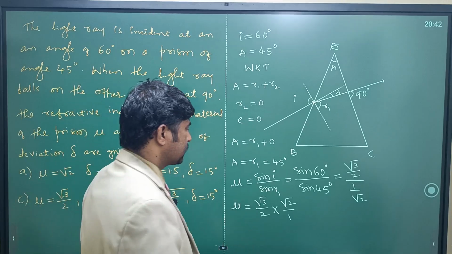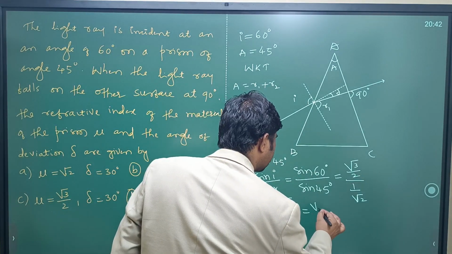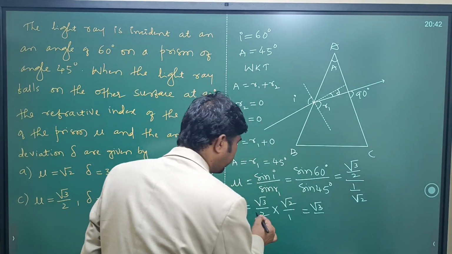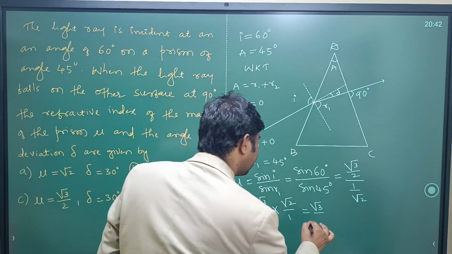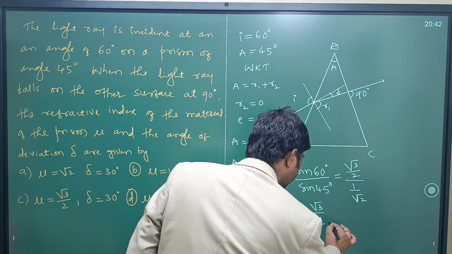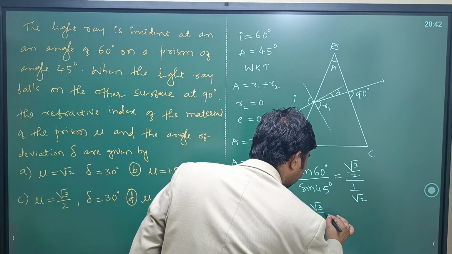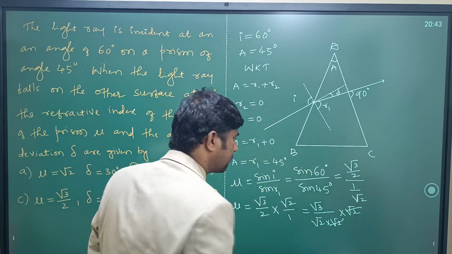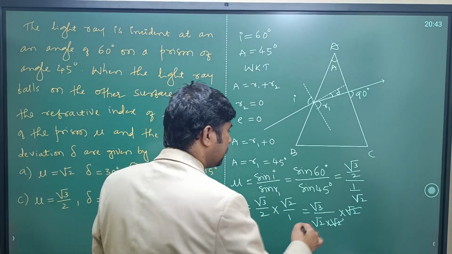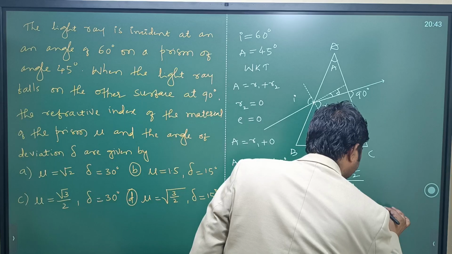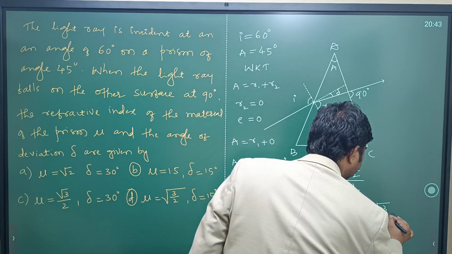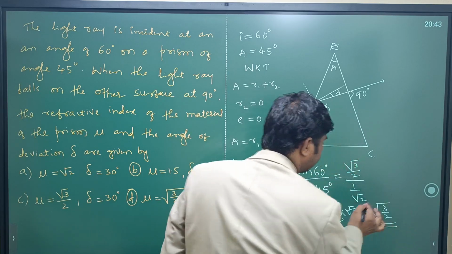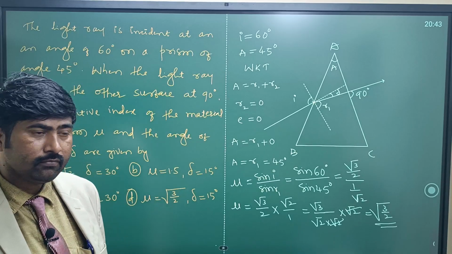Clear? So I can write this as root 3 divided by, can we write 2 as root 2 into root 2? Of course we can, and here we have root 2 as it is, root 2 gets cancelled. Then you got the refractive index, root 3 divided by 2. This is refractive index of the prism.